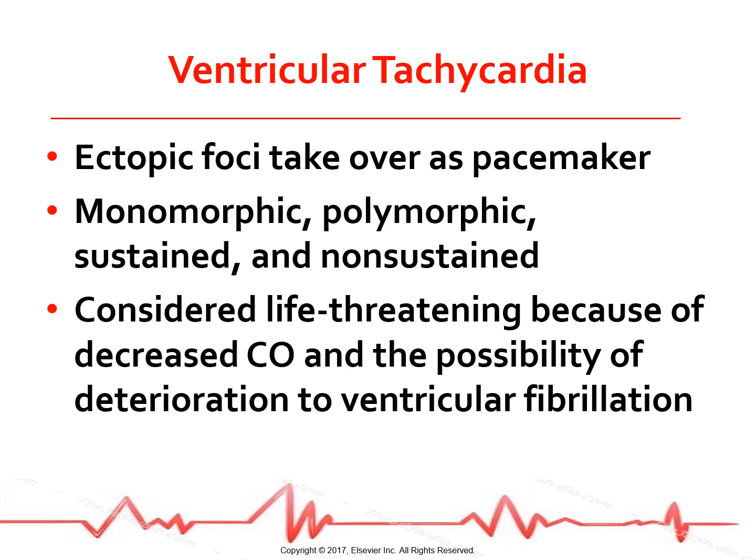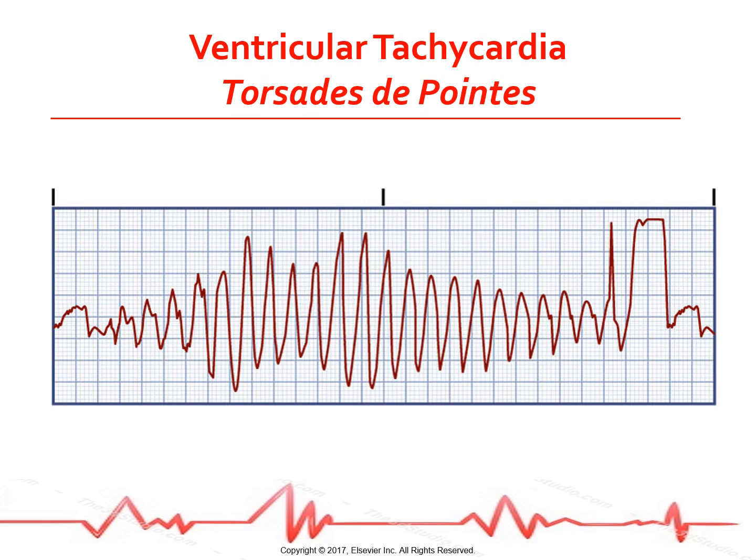And with VFib you do not have a pulse. There is no liveliness with VFib. You do not have a pulse with that. So this would be an example of polymorphic VTach, which is also called torsades de pointes. I'm probably saying that wrong. I think it's French for something, and somebody who speaks French would probably make it sound much better than I would.